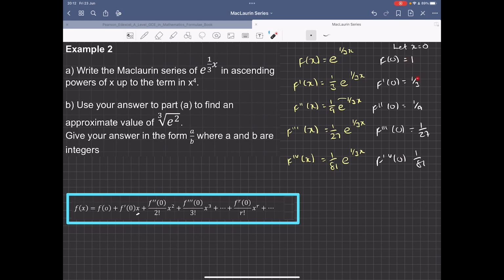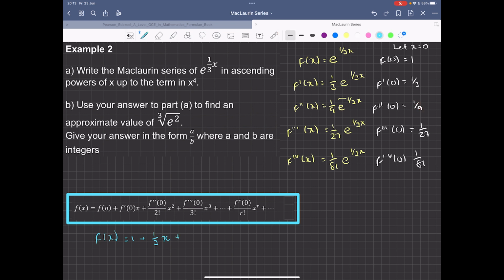So now we can substitute each of these into our expansion. So f of x will be f of 0, which we have as 1, plus f dash of 0 x, which is 1/3 x, plus the second derivative of 0, which is this one, x squared over 2 factorial.